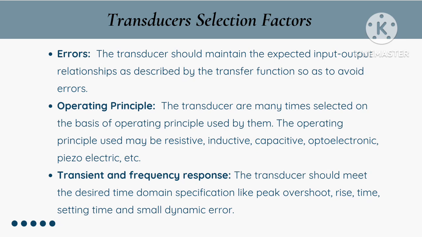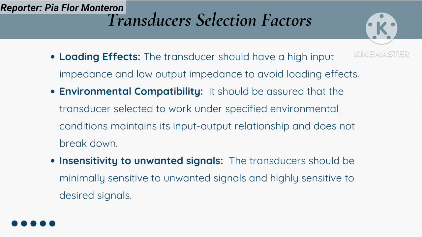The transducer should meet the desired time domain specifications like peak overshoot, rise time, settling time, and small dynamic error. It should ideally have a flat frequency response curve. In practice, however, there will be cutoff frequencies, and higher cutoff frequencies should be high to have a wide bandwidth.